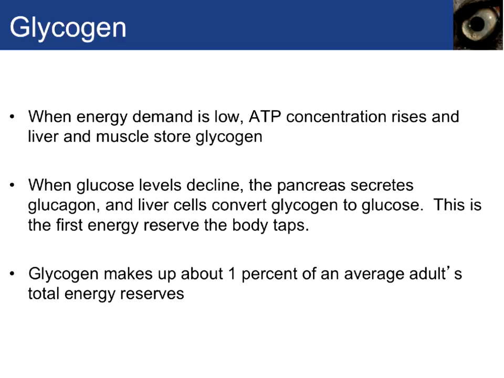This is the first energy reserve the body taps. Glycogen makes up about 1% of an adult's total energy reserve. Again, glycogen is a fast way to regenerate your glucose reserves to be able to feed into glycolysis.